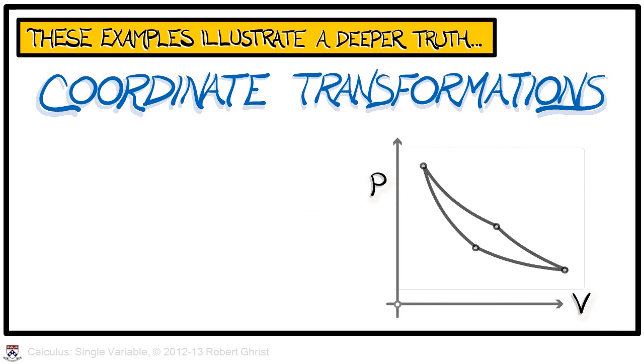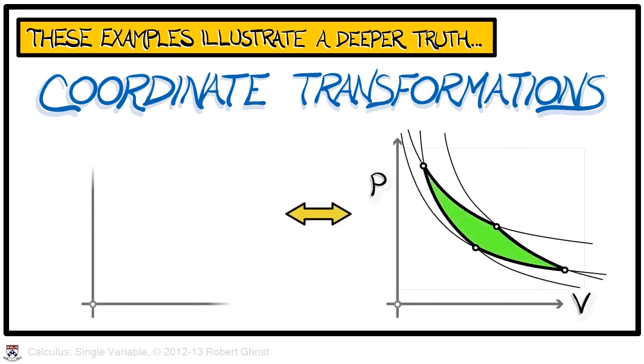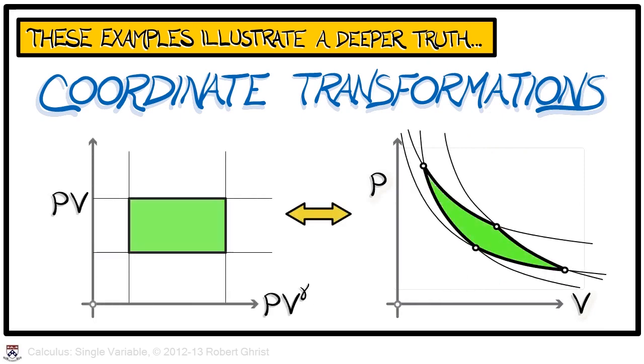Likewise, in the problem that we didn't solve about thermodynamics, the right way to solve that problem is to change to a new coordinate system in which the associated shape becomes a rectangle. That will make things easier to handle. You're going to have to wait until you get to multivariable calculus to see how to do this properly.